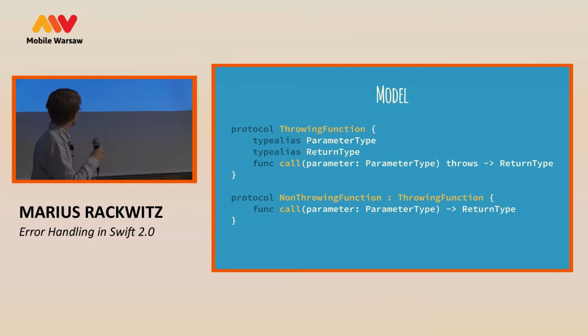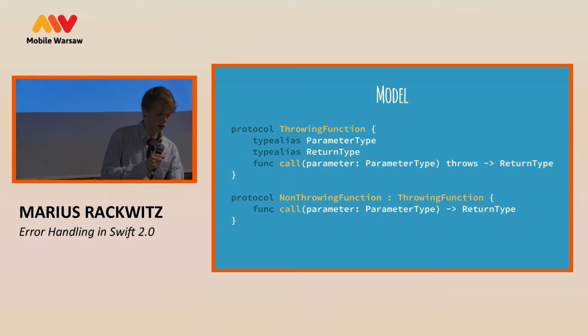And you can even extend it in a subprotocol which is more strict and says, okay, the same method basically, but not as throwing, and you can even just declare one of those methods. Overloading in that sense doesn't differentiate between the cases and wouldn't work as expected. You can't differentiate between non-throwing and throwing with overloading.